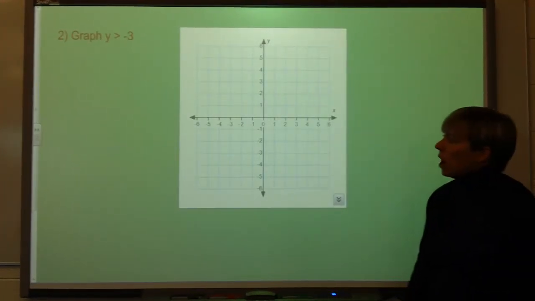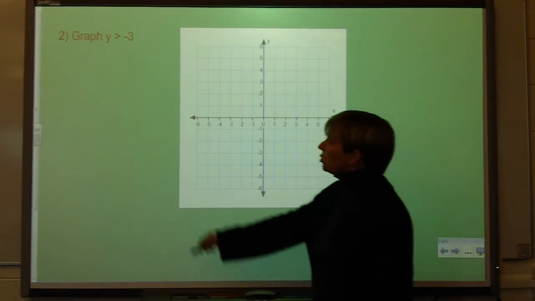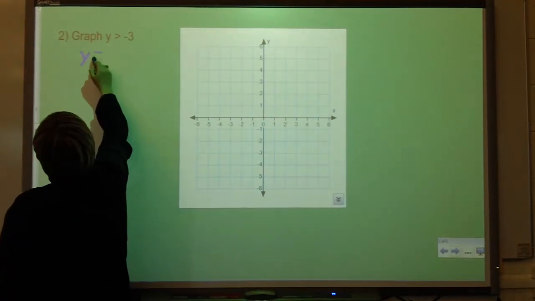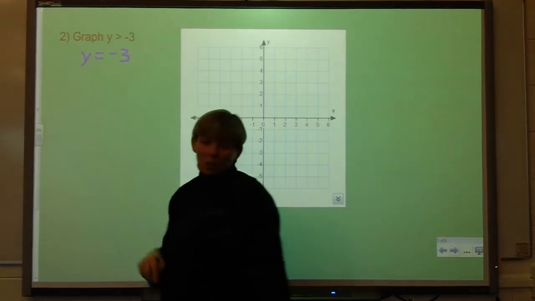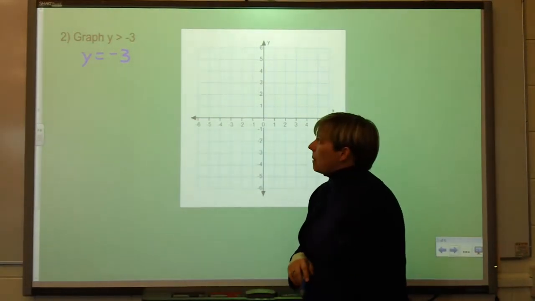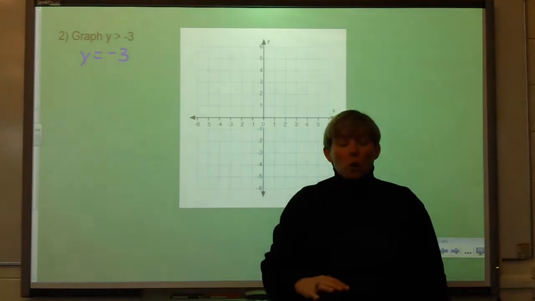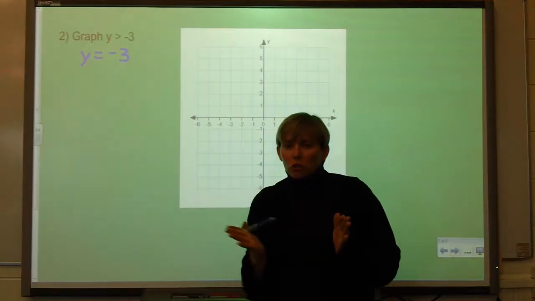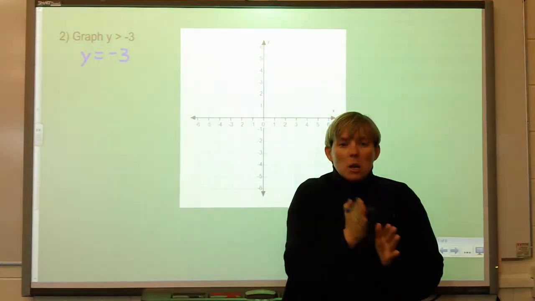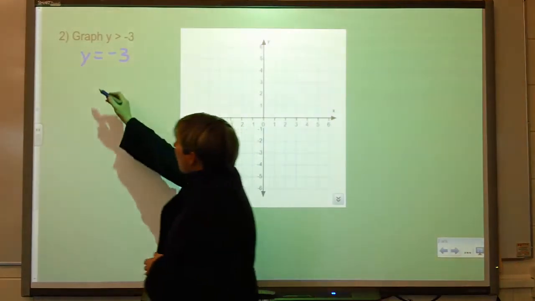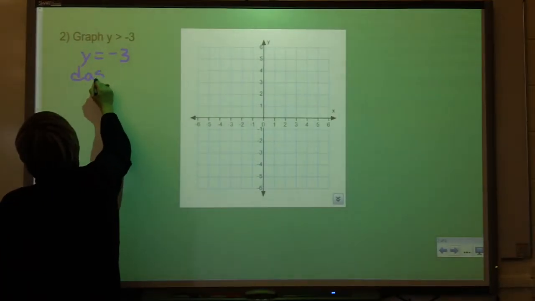The next example, y is greater than -3. So I'm going to graph this, again, as if I was graphing the equation y equals -3. But this time I have a greater than sign, no equal to sign. So I want to get as close as I can to that line, but I don't want to include it. So that means I'm going to have a dashed line.